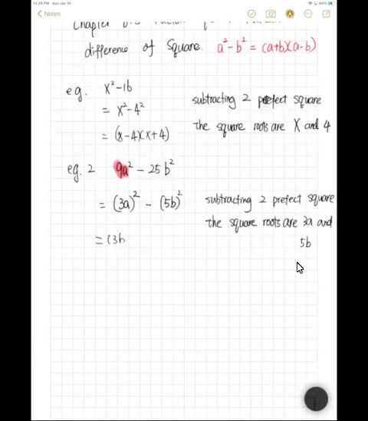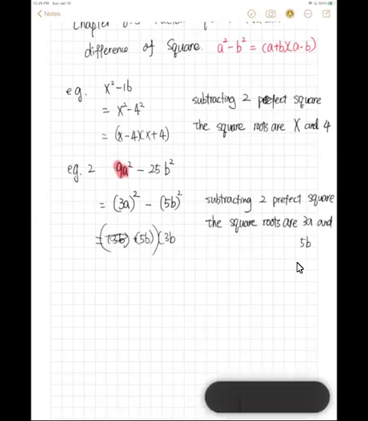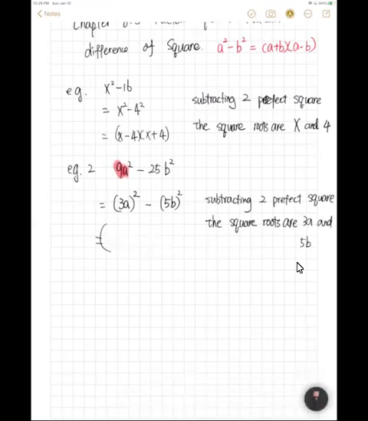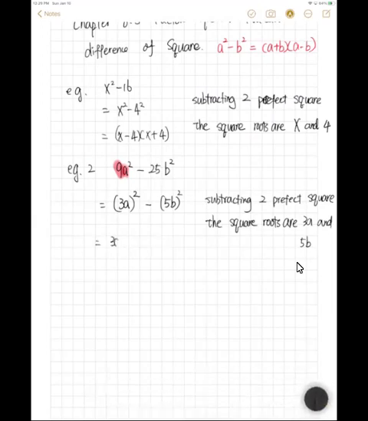We have 3a plus 5b, and then 3a, sorry. It's 3a minus 5b times 3a plus 5b.